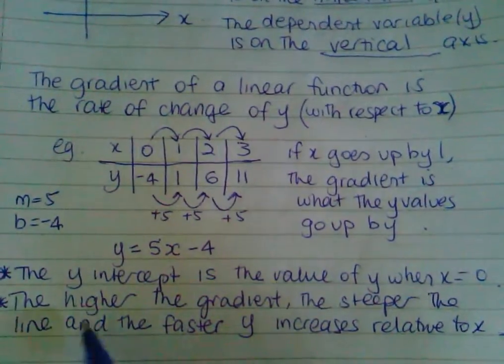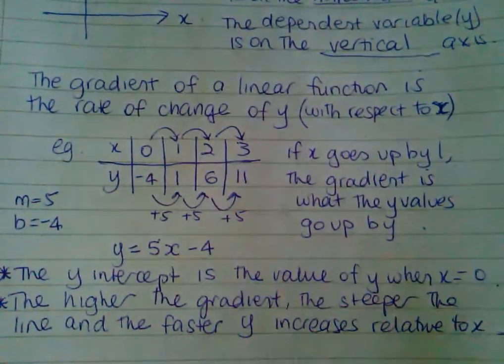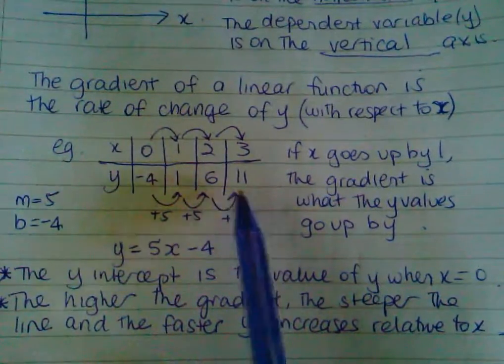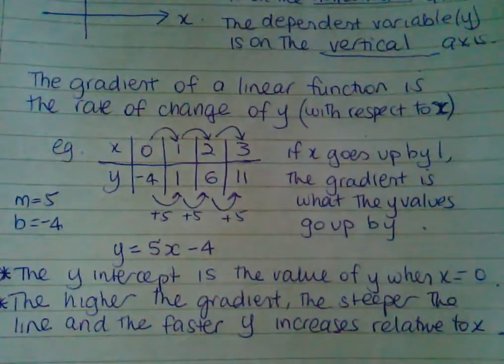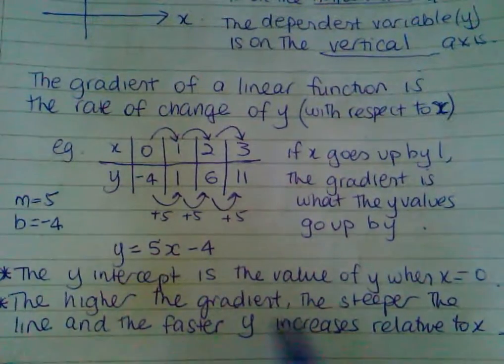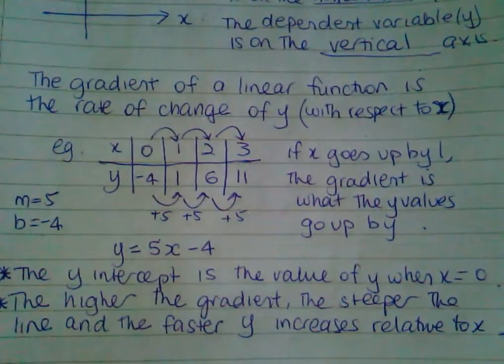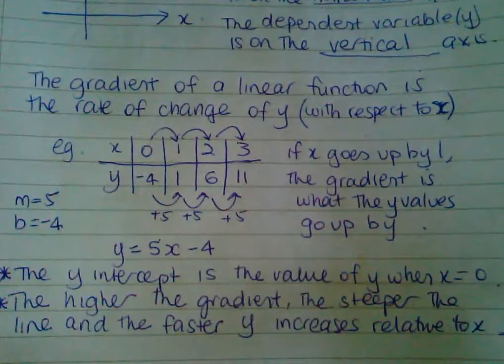But another thing is, you know that the bigger the gradient, the higher the gradient, the steeper the line. See, this goes up by 5. That's a big gradient. But if it only went up by 1, that's a smaller gradient, and the line would not be so steep. So the higher the gradient, the steeper the line, and the faster y increases with respect to x.